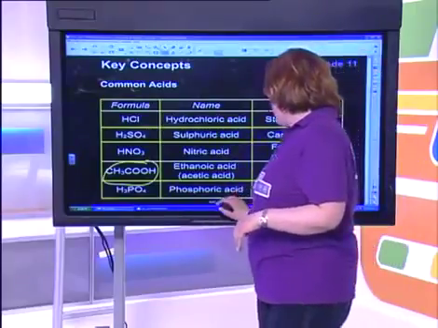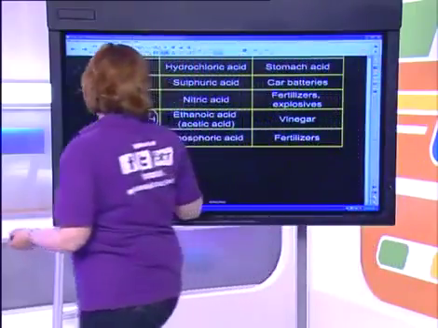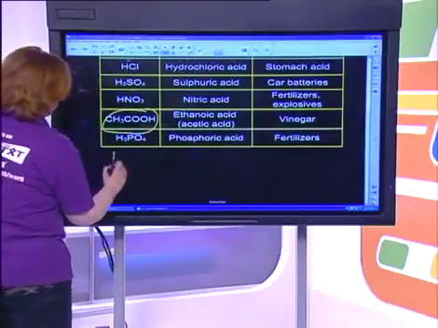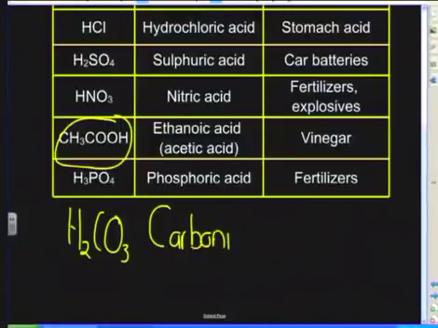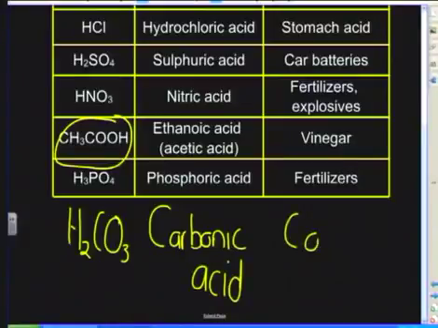I just want to add one more here, because I think you'll find it quite interesting: H2CO3, which is known as carbonic acid. It's the acid we find in fizzy cold drinks.